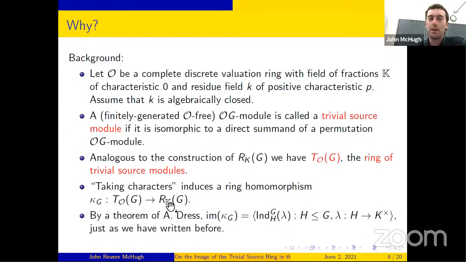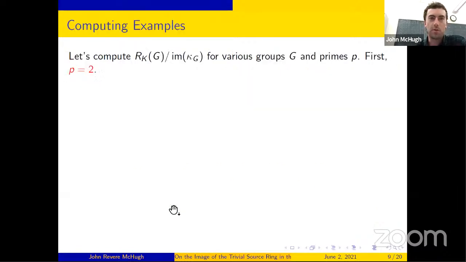Asking when the image of kappa G equals this thing is the same as asking when this ring homomorphism is surjective. All right, so if I want to know if kappa sub G is surjective, I might as well consider the co-kernel. And keep in mind, this co-kernel depends on the prime P that I'm working with.